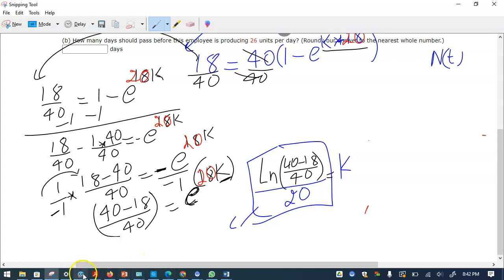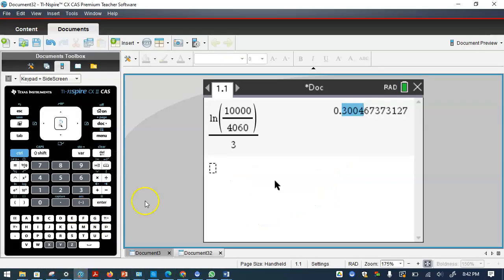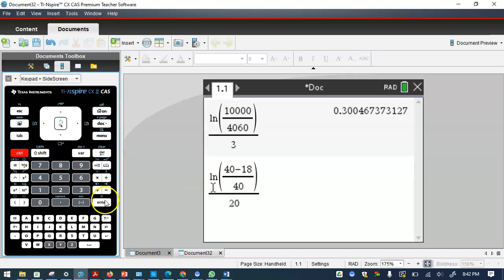Let me go directly to the calculator. You can use the old one also; just make those changes there. I write 40 minus 18, then divide by 40, and this divided by 20. Then enter, and you get minus.